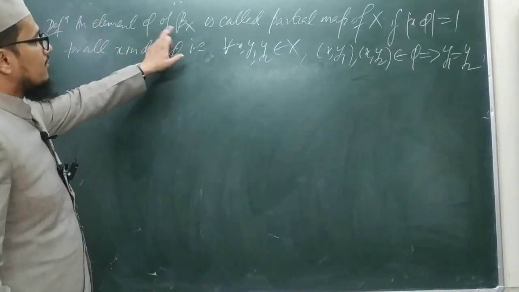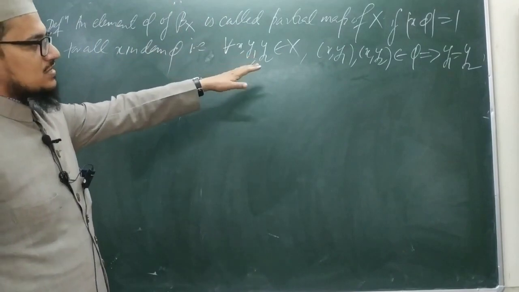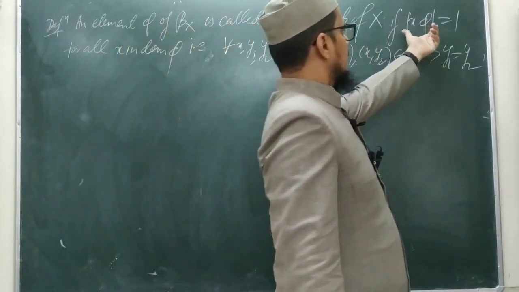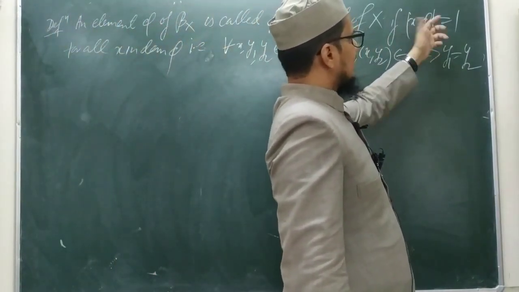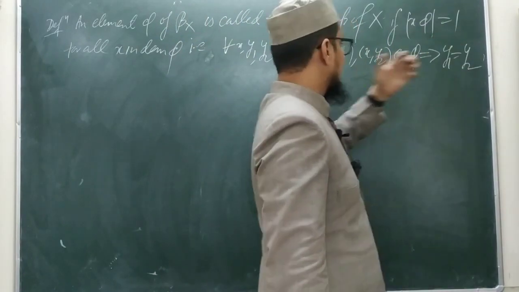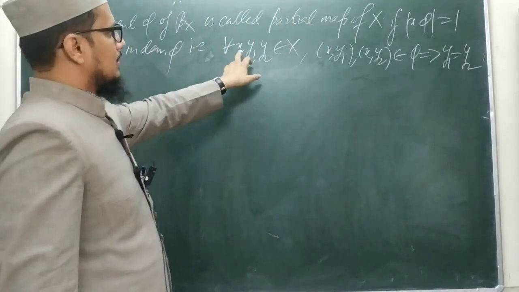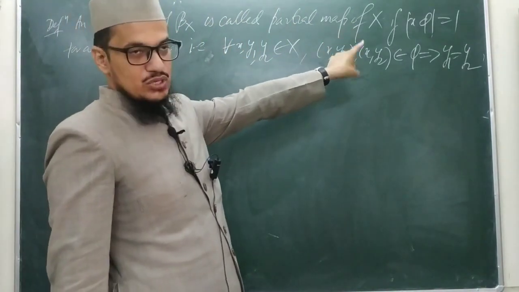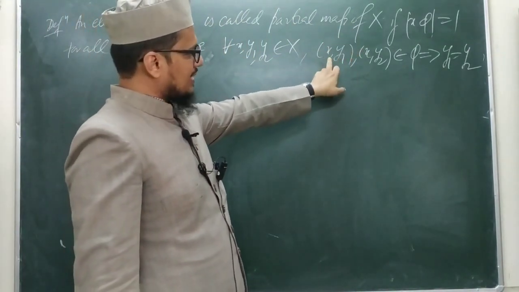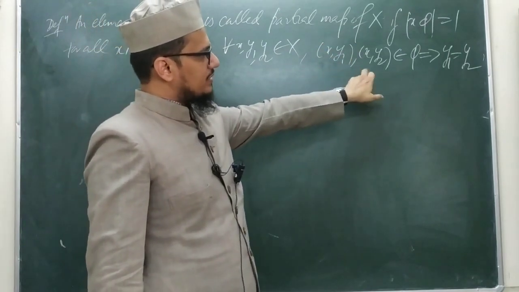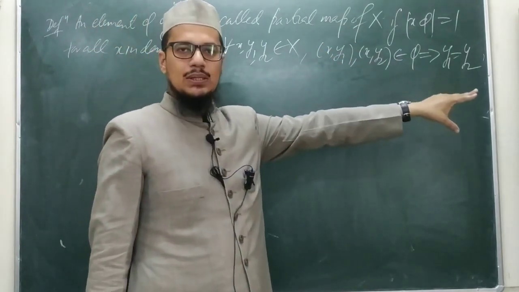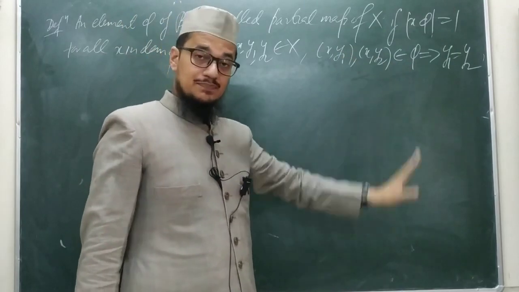So an element phi of Bx is called a partial map of X if the number of elements in x phi is at most 1 for all x belongs to domain phi. It means that x has a unique image. For example, if x is related to y1, x is related to y2, then y1 must be equal to y2 if phi is a partial map.